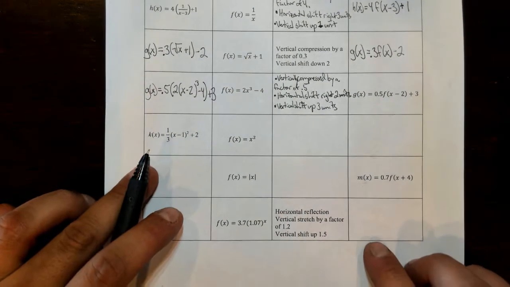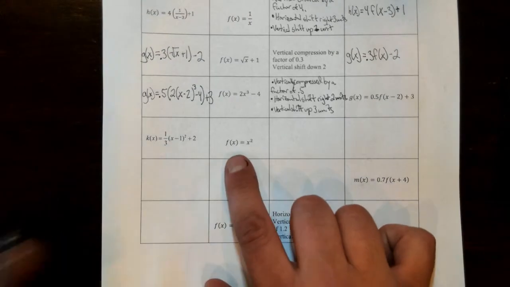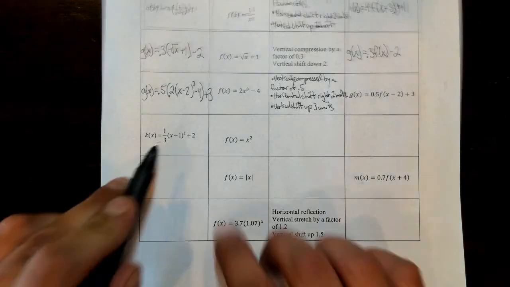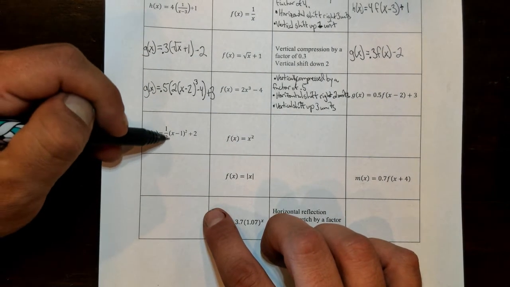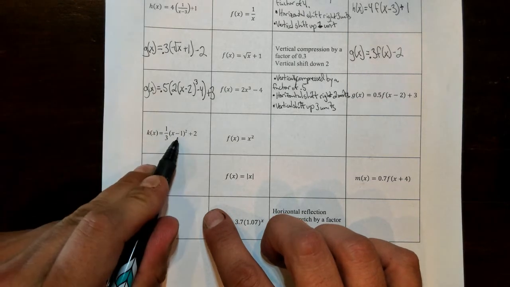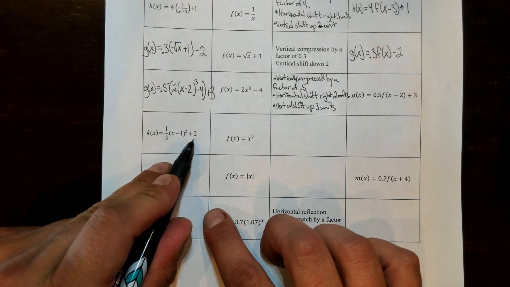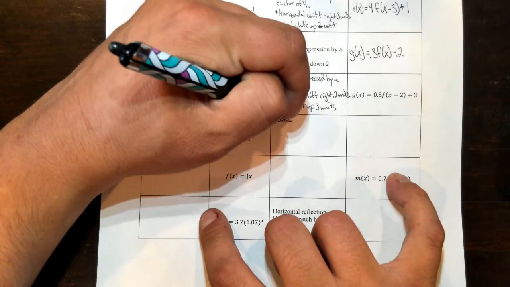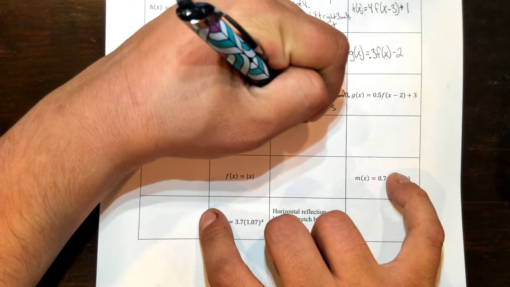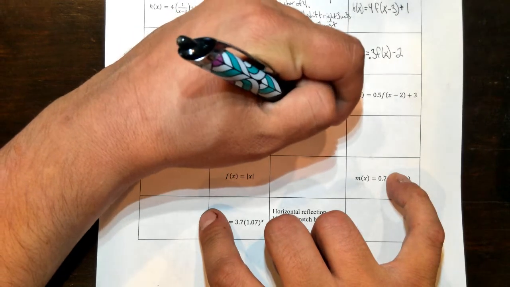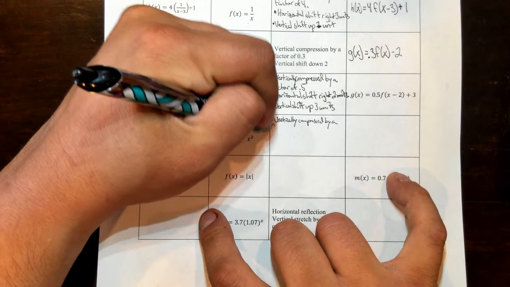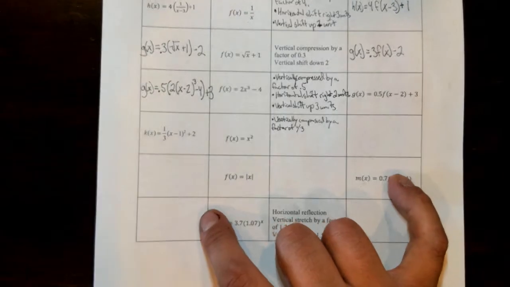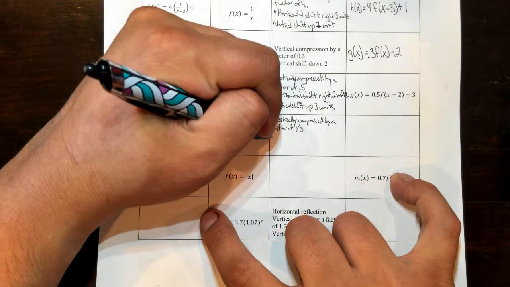All right. So next, we are given the image, and we're given the parent function here. The parent function is just x squared. And what are we doing to it? Well, here we're compressing it by a factor of 1/3. We're shifting it to the right 1 unit, and we're shifting it up 2 units. So I can say vertically compressed by a factor of 1/3. Then I could say it shifted right 1 unit.